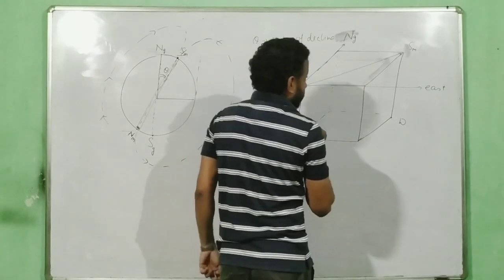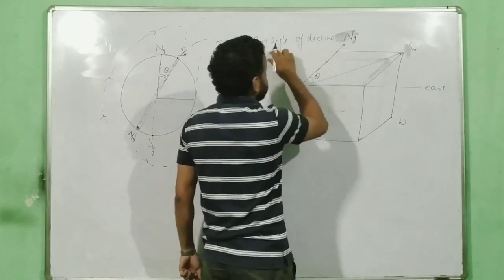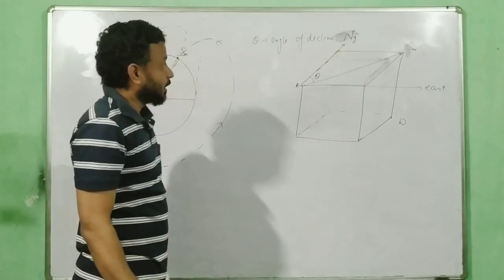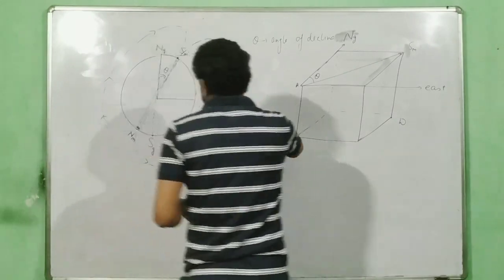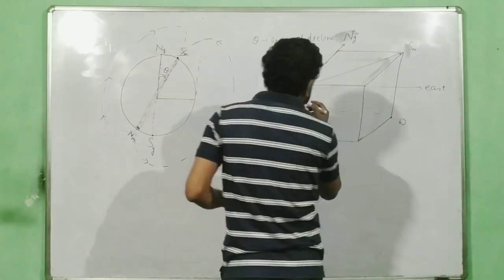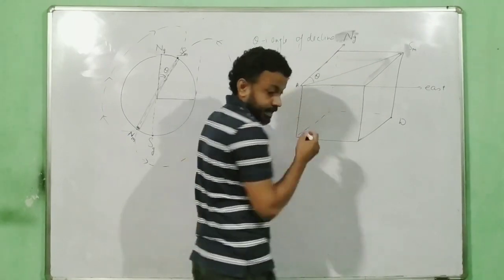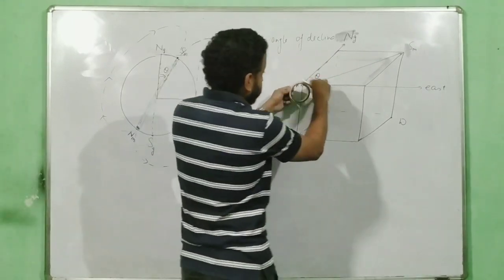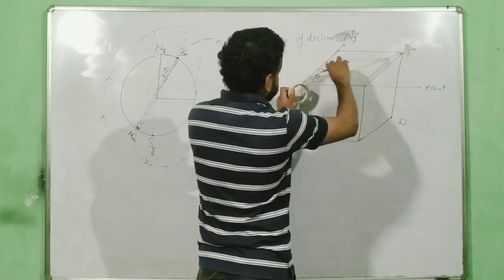Now, this angle is what I defined as theta, that is the angle of declination. Now what exactly is the angle of declination? Now if I consider my Earth's magnetic field is coming like this, let's say over here the tangent is going like this.